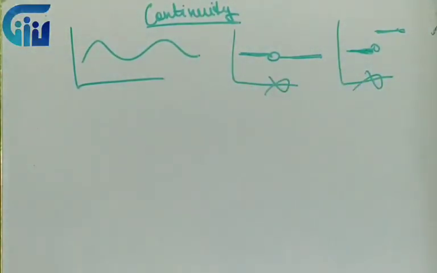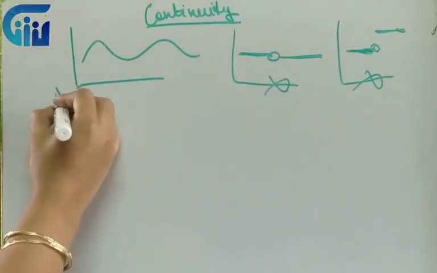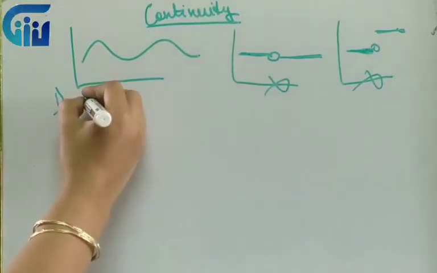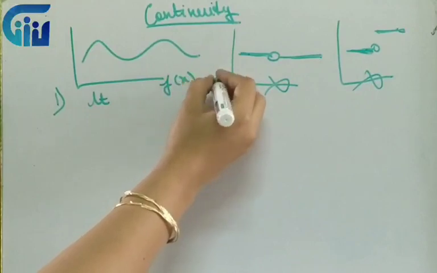So what are continuous curves? The curves which can be drawn without lifting the pen, or the curves which do not have any jumps or holes in between. Now if I change it to the mathematical definition, then the limits that we did in class 11 come into the picture. So let's say f(x) is a function and c is a point.